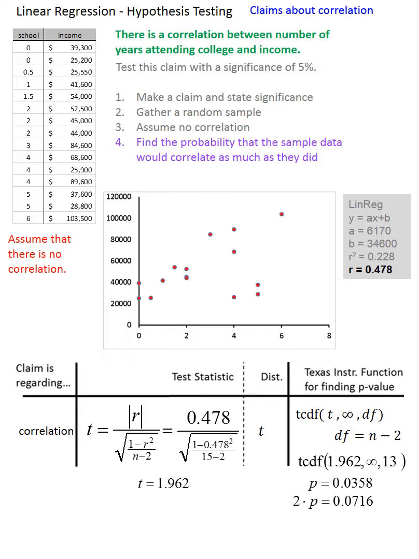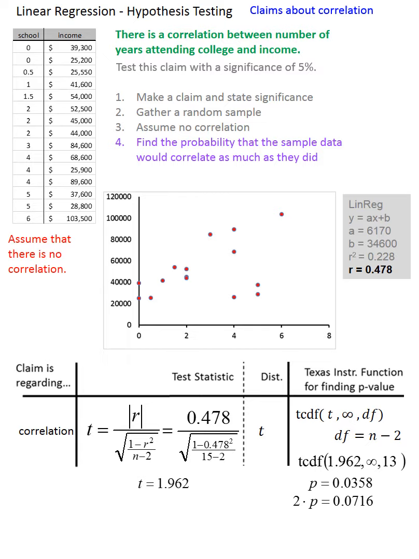And since the claim, notice at the top of the screen, did not make any assertions that there was either a positive or a negative correlation, and simply generalized that there is a correlation between these two variables, then you have to take both of these 3.5% probabilities into account, double that, and get approximately 7% as the probability of a type 1 error.